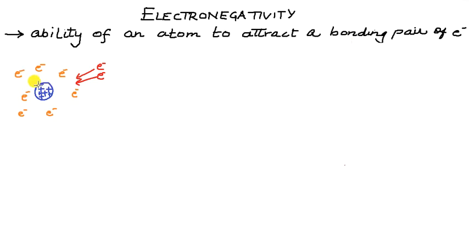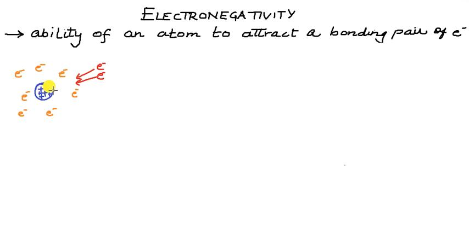This is the nucleus, which would have positive charges in it because it has protons, and then we have electrons around it. So if this atom was to attract a pair of electrons, it would be because this nucleus is able to exert a pull on these electrons.